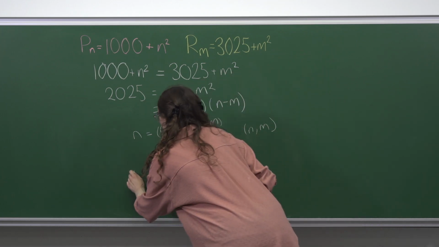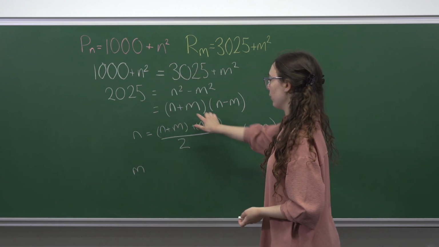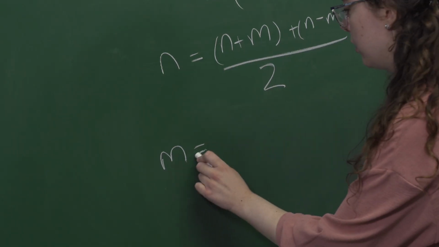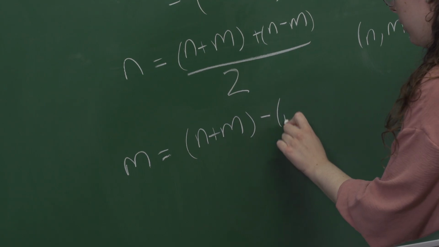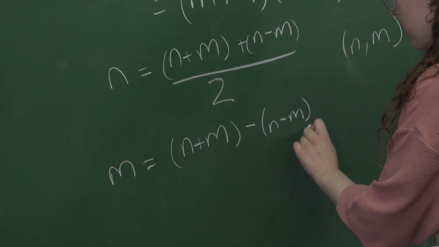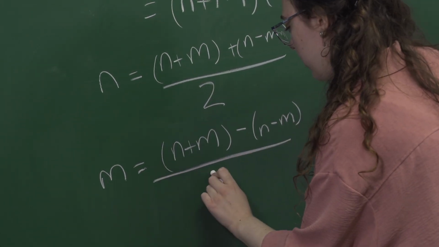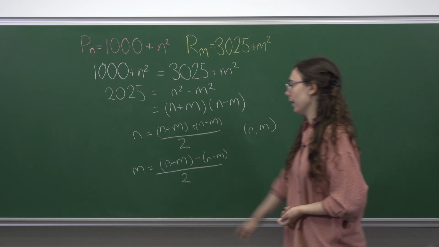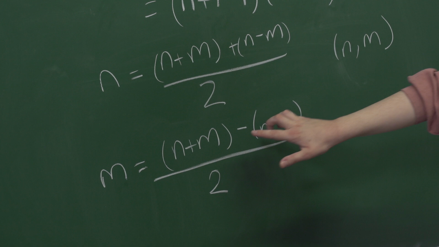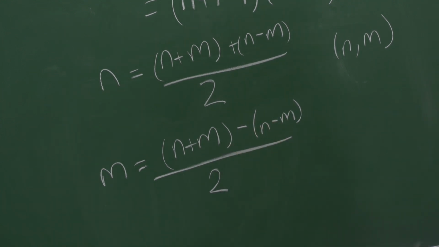So let's just write up what m is in terms of these two factors. So we can see from this that m is smaller if these two factors are closer together.